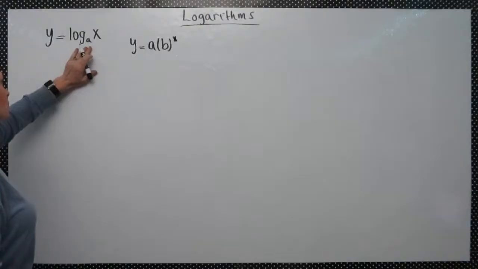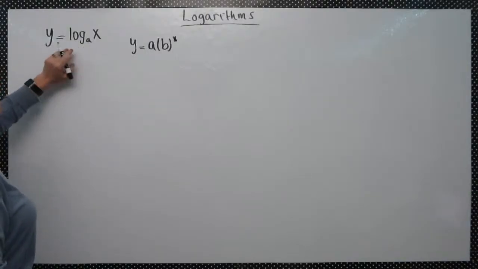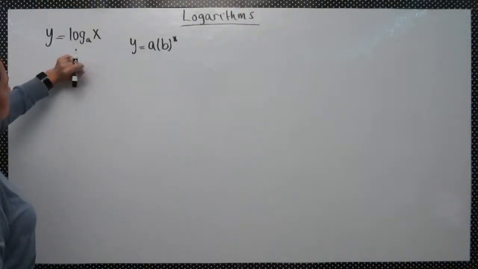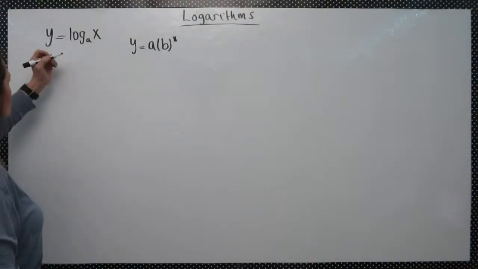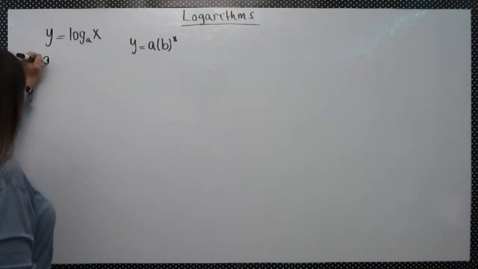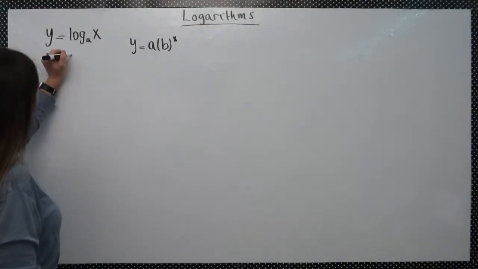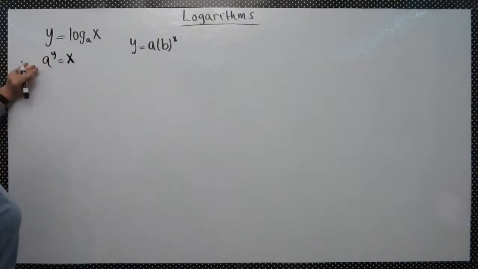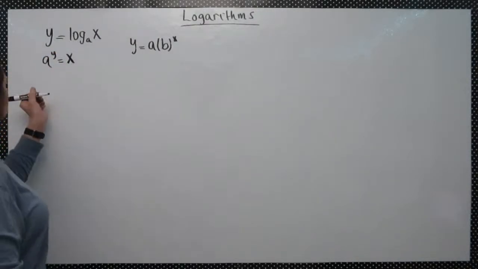So if you were going to rewrite this one in exponential form, you could use the exponential form of this graph, and it would look like this: a to the y equals x. And then you could use that to convert your values.